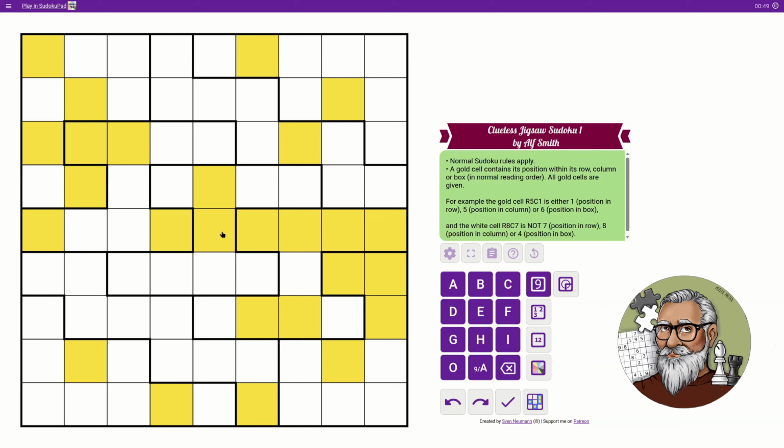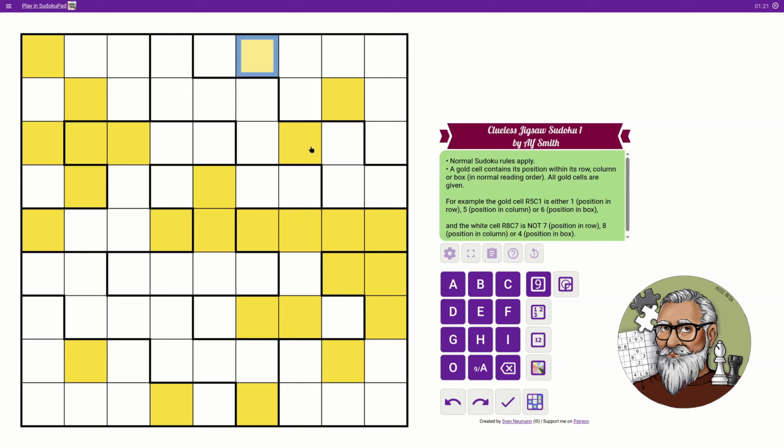Normal Sudoku rules apply, so the digits... I'm not sure, it's jigsaw, right? So, yeah, okay. It is still normal, the digits 1 to 9 in every row, column, and region, right? The regions are marked by the bold black lines. A gold cell contains its position within its row, column, or box in normal reading order.